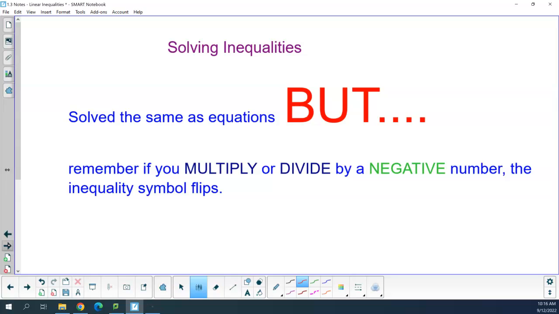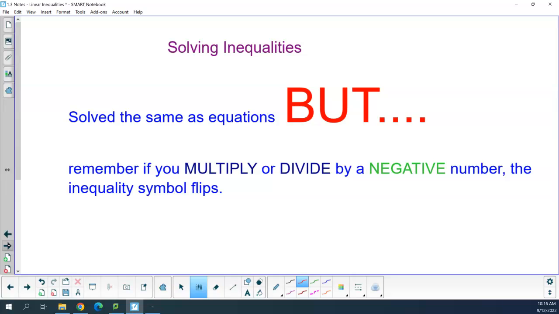We want to get variables on one side, numbers on the other. All that stuff is all the same. The only difference is that when you're in an inequality, if you multiply or divide by a negative number, not just multiply, not just divide, it's got to be multiplied or divided by a negative number.